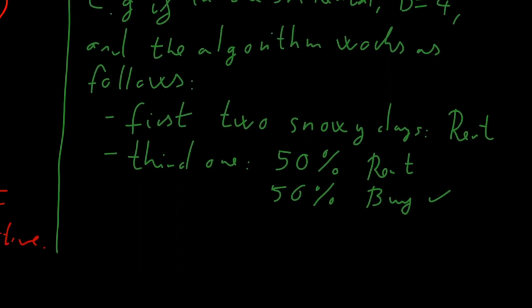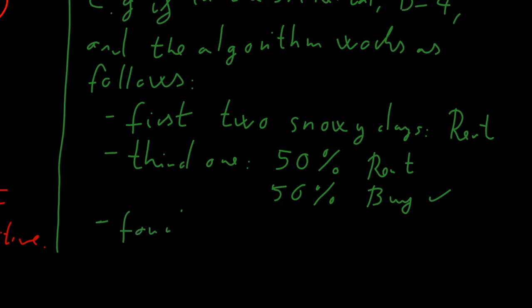Now, of course, if we buy the ski on the third day, then we are done. But if not, then on the fourth day, we will definitely buy it. On the fourth snowy day, we will buy the ski, if we didn't do this earlier.